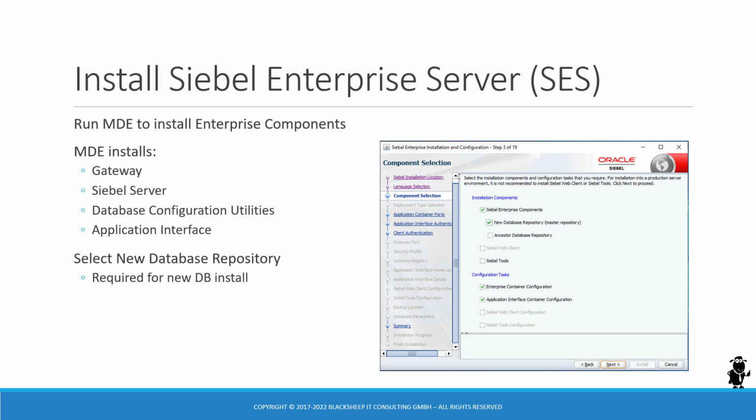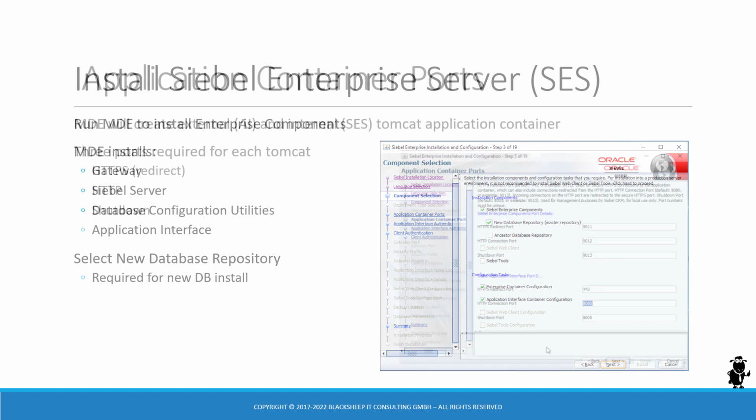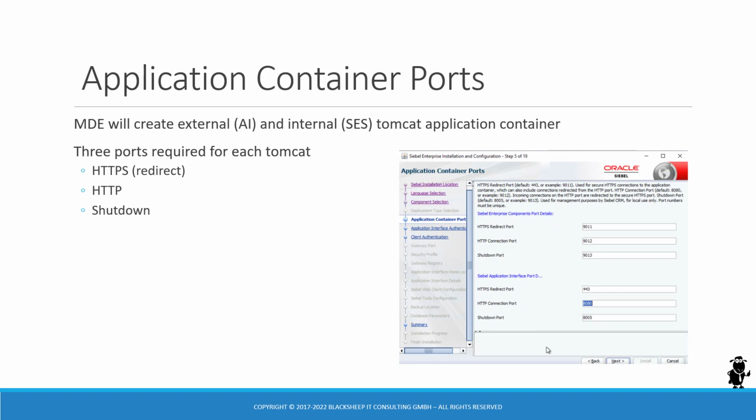If you intend to install a new Siebel database, you need also to mark the new database or master repository. And if you want to use that installation for orchestrating a Siebel upgrade, you need both the master repository and the ancestor repository selected. Depending on your settings, you will be prompted to configure application containers.